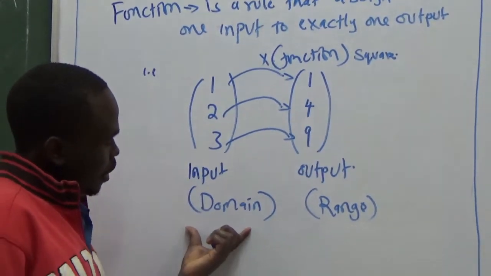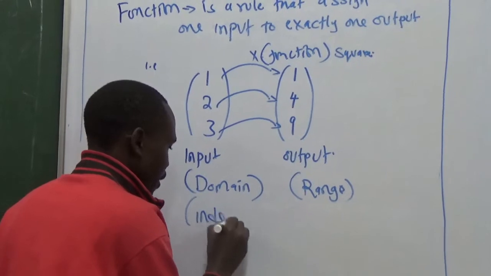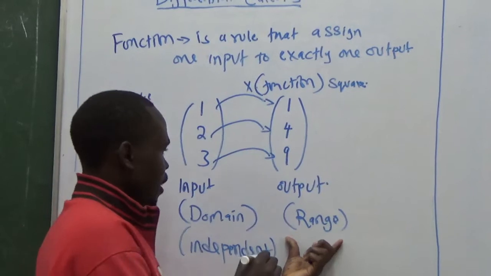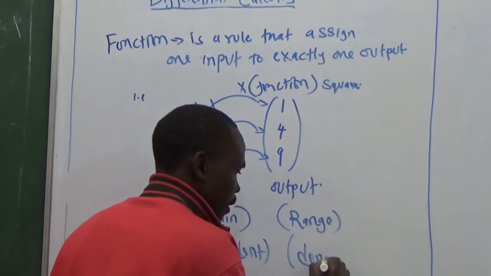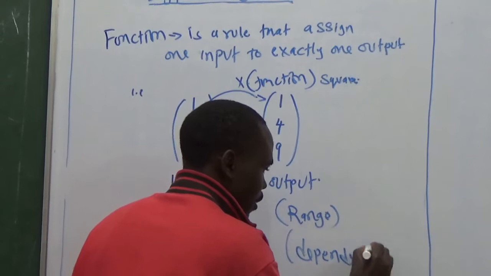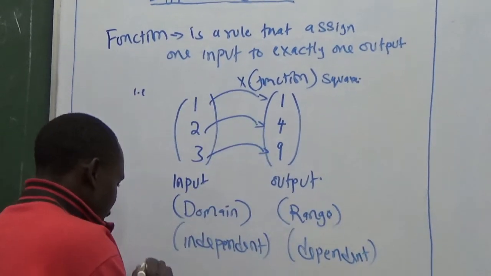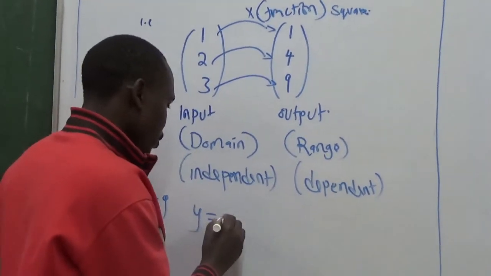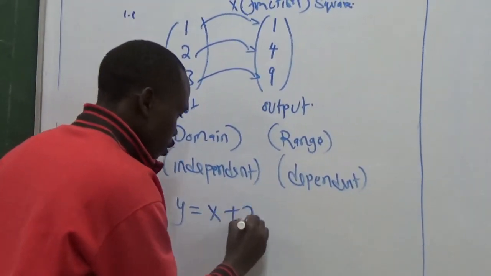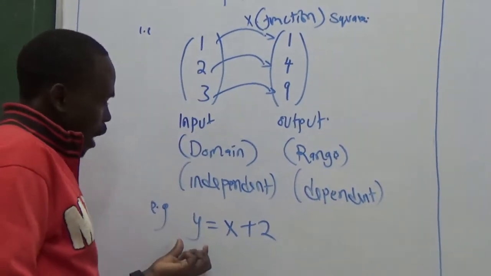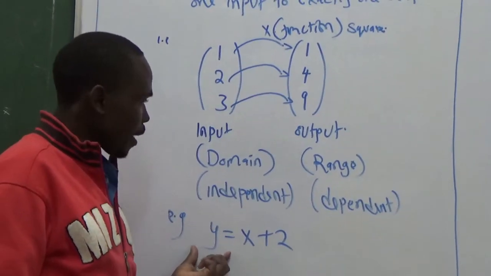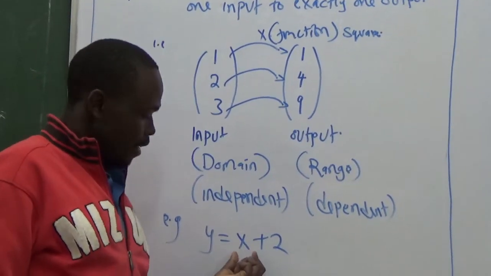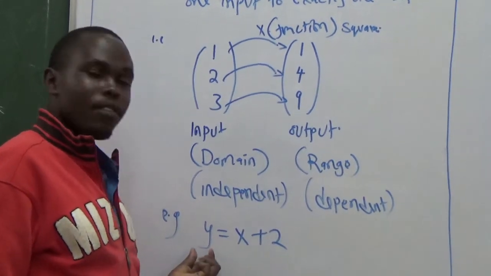The domain is usually independent, but the range is dependent. For example, if I have an equation like y equal to x plus 2, the value of y is my range, which depends on the value of x. If x increases, automatically the value of y increases.